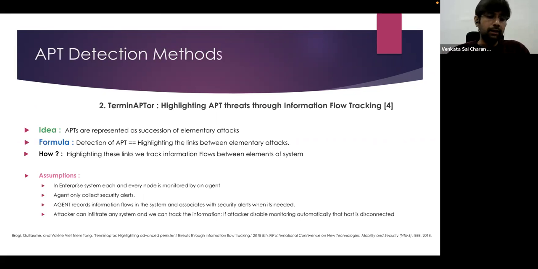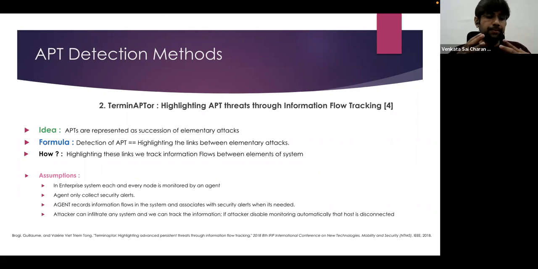And the second thing I would like to discuss is Terminaptor. The basic idea of this Terminaptor model is that APTs are represented as a succession of elementary attacks. So there is a series of actions that happen in these APT life cycle phases. The idea of this particular research is very simple.